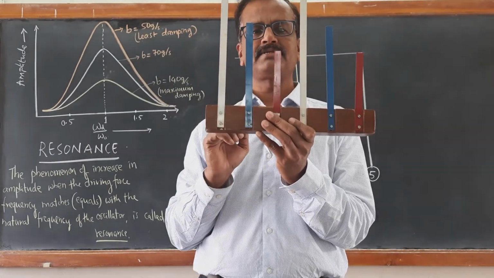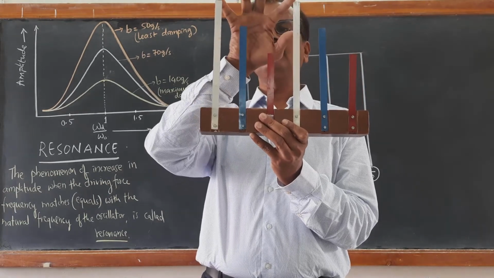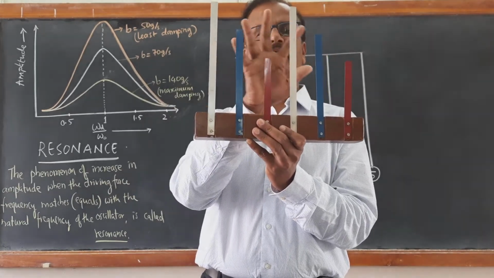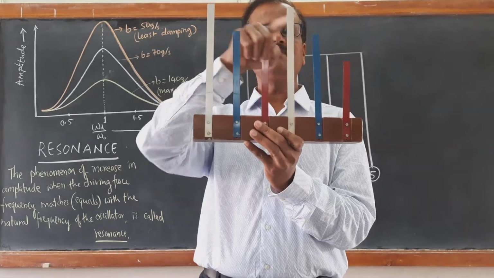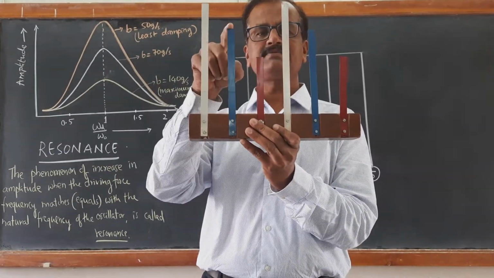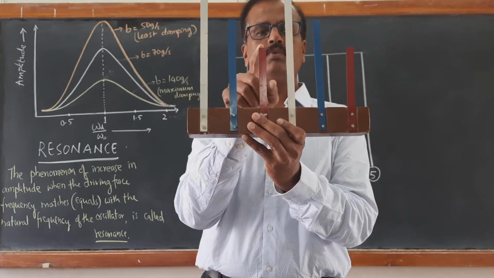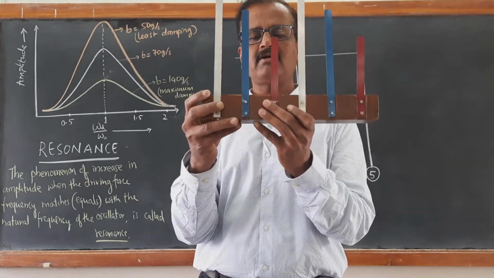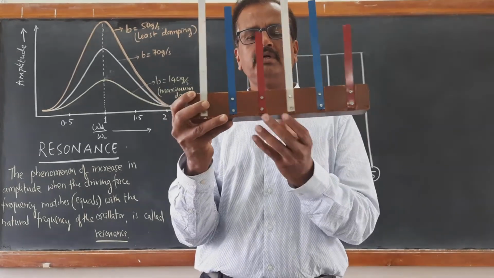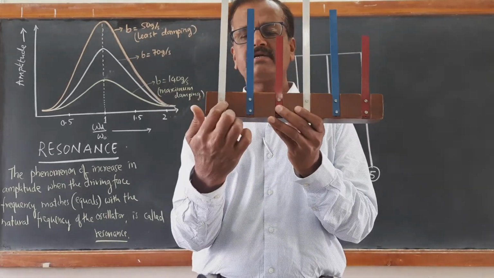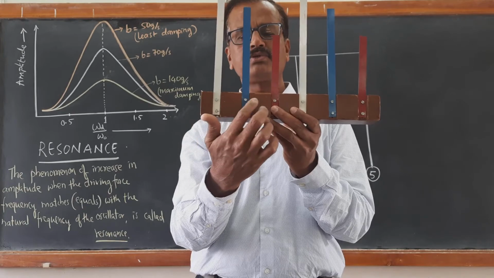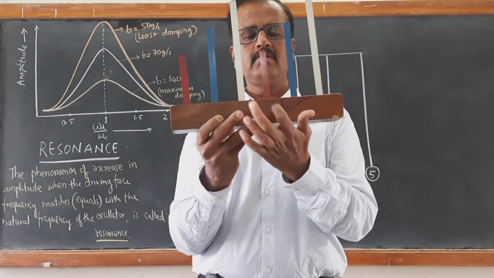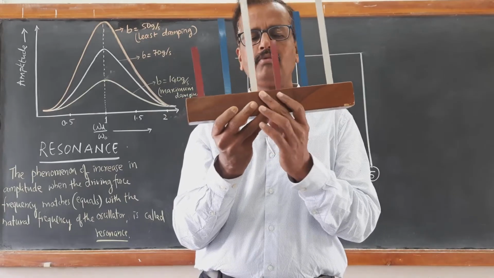Six metallic strips: 2 longer white metallic strips, 2 medium sized blue metallic strips, and 2 very short red metallic strips. These are all fixed with the help of screws, tightened, fastened to a common wooden piece.